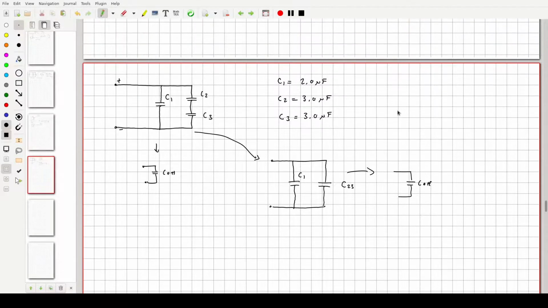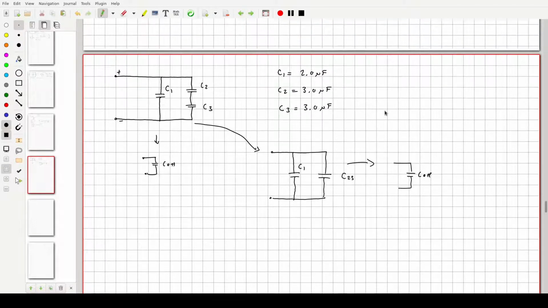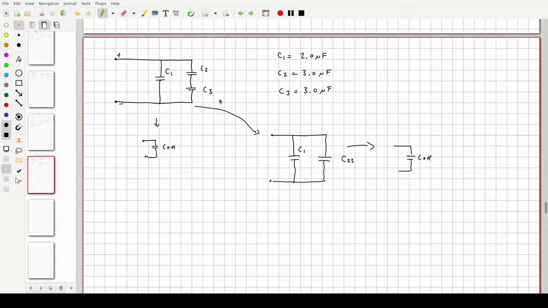So you do it in a series of steps, okay? To get from here to here, we need to add C2 and C3 together. But C2 and C3 are in series. Now remember, the rule for adding two of these things together in series is that your effective capacitance, which I'm going to call again C23, is going to be 1 over C2 plus 1 over C3.